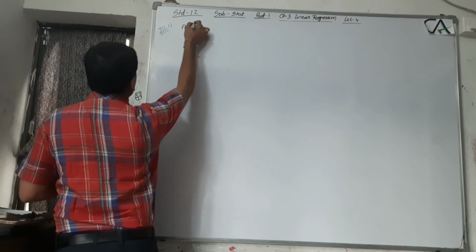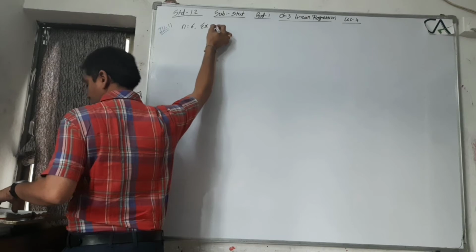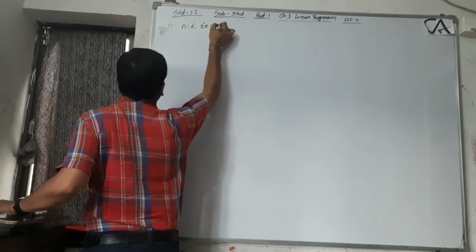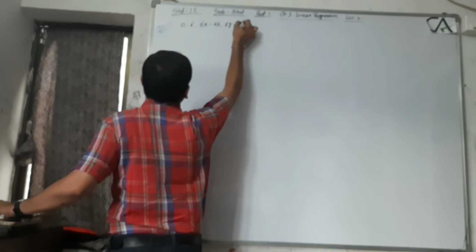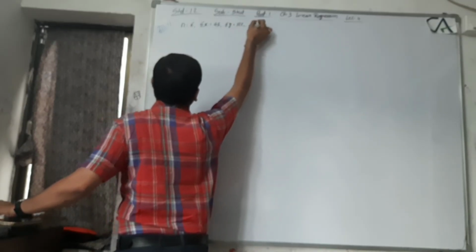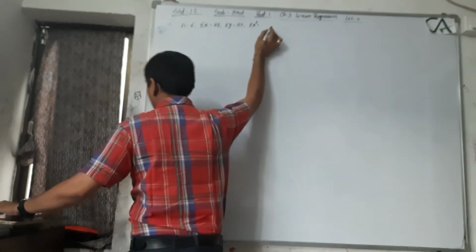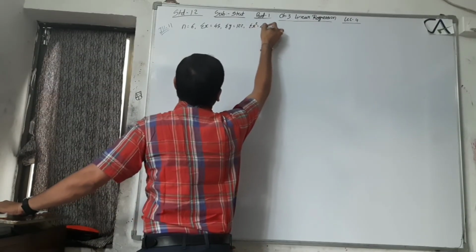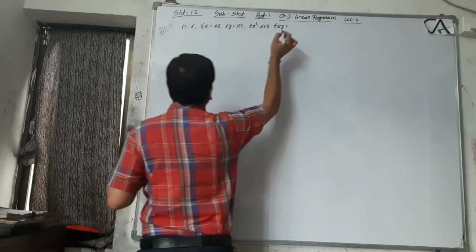N is equal to 6, sigma x is equal to 45, sigma y is equal to 122, sigma x square is equal to 439, and sigma xy is equal to 605.